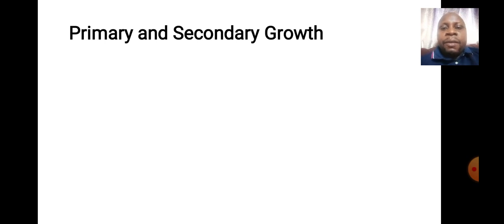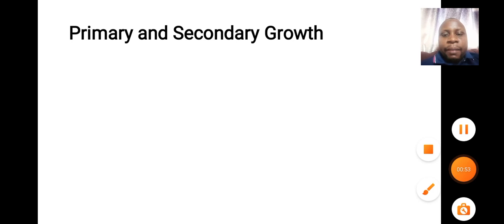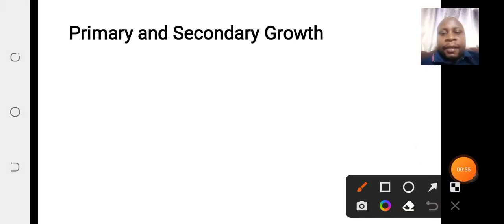Okay, probably you have said that the height of the seedling increases and also the width or diameter of the stem increases. So the two phenomena that you have talked about are the two types of growth, that is primary growth and secondary growth.